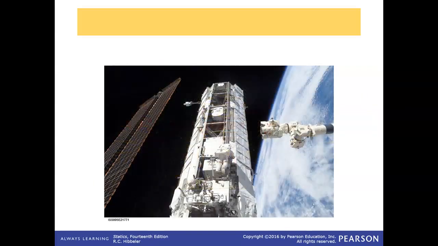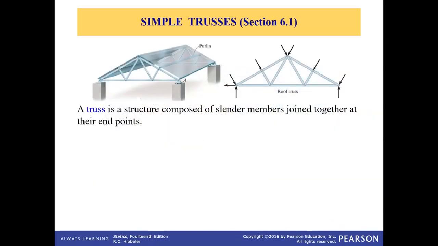Airplane and space station. So a truss is the structure composed of slender members joined together at their endpoints. So these are called members once again, and they are joined together at endpoints. And these black arrows indicate the externally applied load or the support reaction.